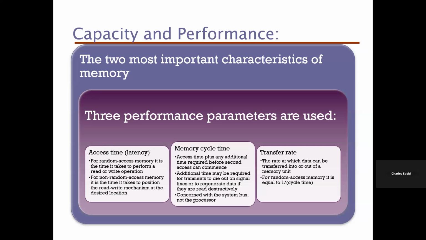Let's say, for the CPU to access data from main memory or cache, which one has the low or high latency. Our goal is to lower it because it's time, how long it takes to access. Also, we have the memory cycle time and then the transfer rate.